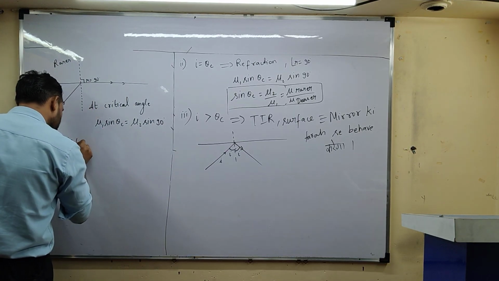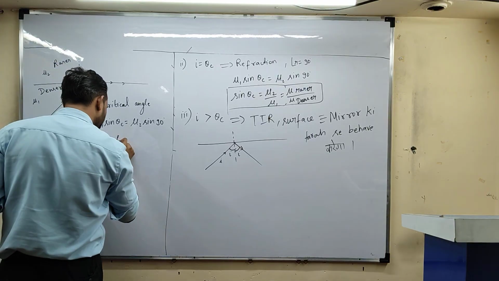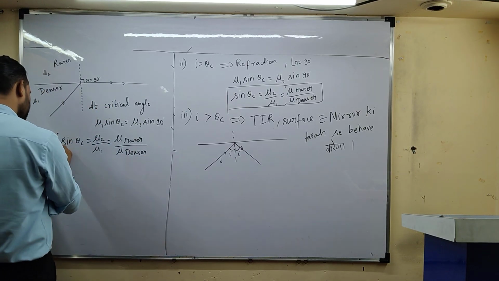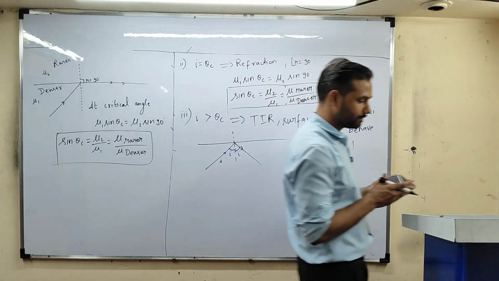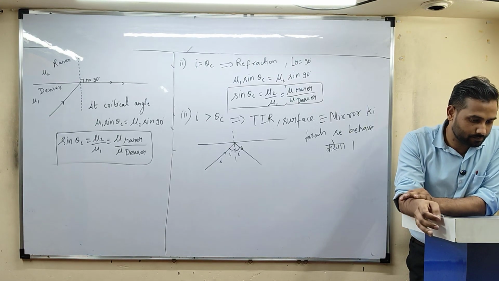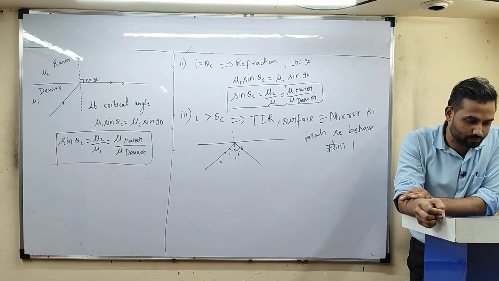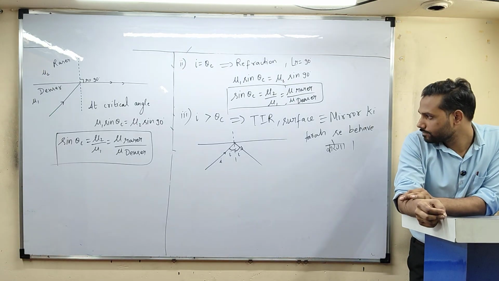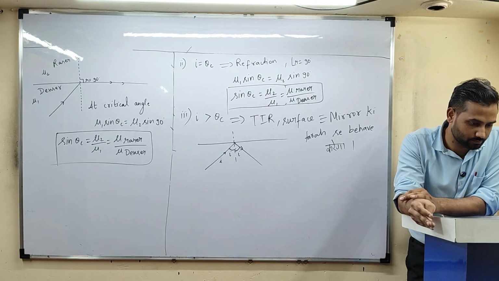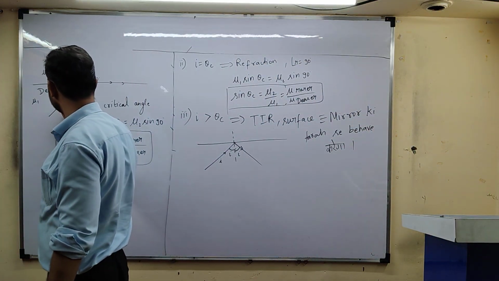That equals sine theta c is equal to mu2 by mu1, which is here the same thing, mu rarer by mu denser. Here I is equal to theta c.